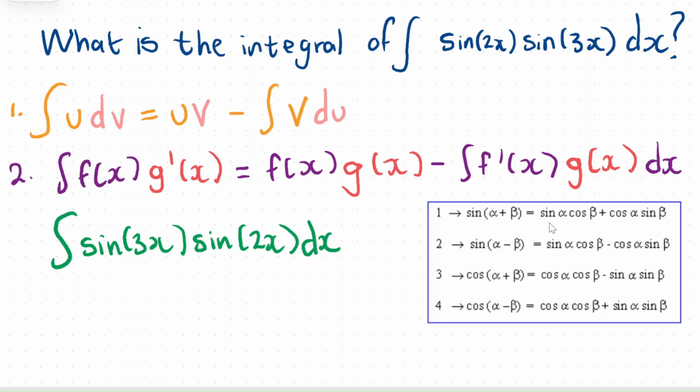Now the first thing that we need to note is, where else do we see a sine multiplied by another sine using this method? Well, we see sine A multiplied by sine B in arrow 3, and in arrow 4. So we're going to use these methods.